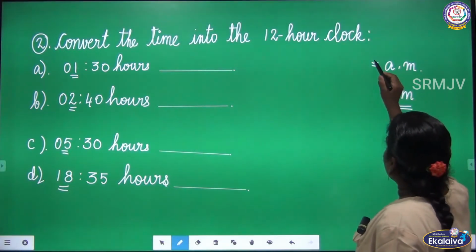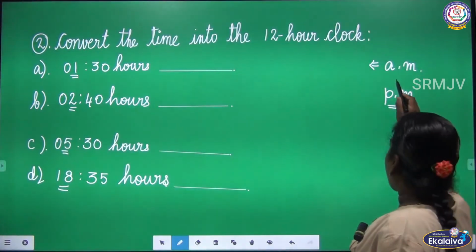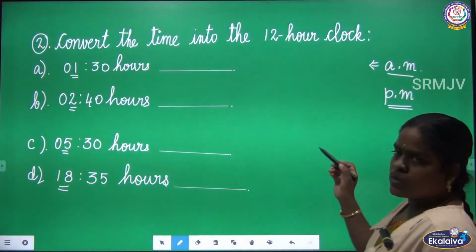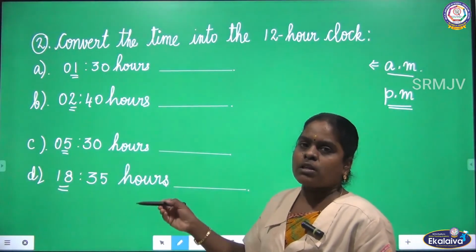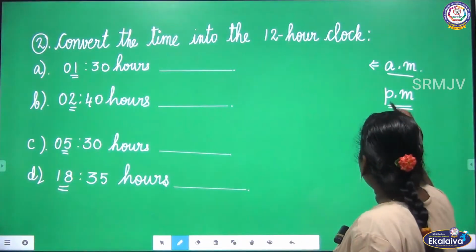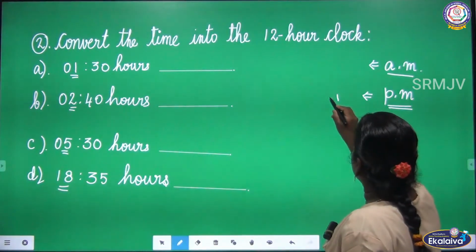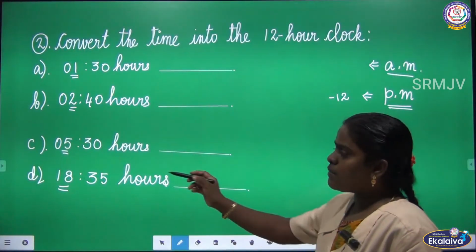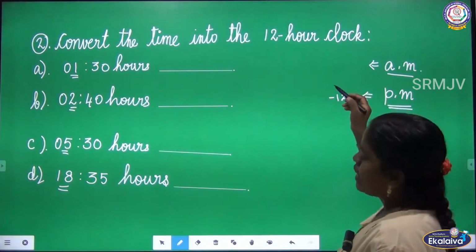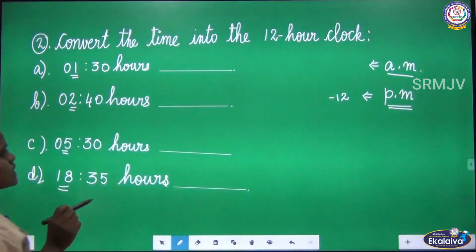So when you are writing AM, you just write the given number and add AM. Suppose if you have the number beyond 12 in the hours place, you have to use PM and you should subtract 12 from the given time. So here listen, 1:30 hours is given.